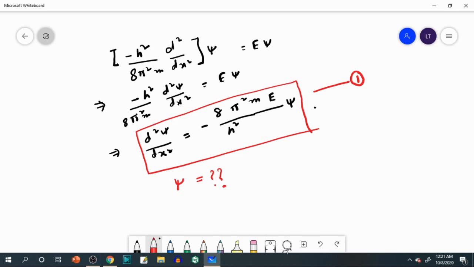Now, if you know the psi, then we can apply different kinds of operators on psi to get information about different physical properties.